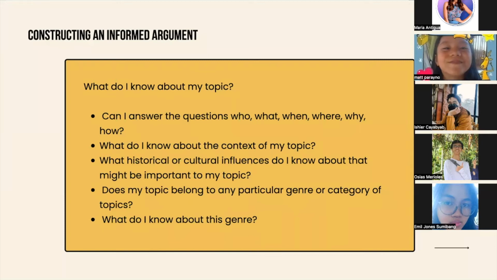For example, if you are to write a short paper in response to a certain literary piece, you are going to make a reaction letter, maybe a response.